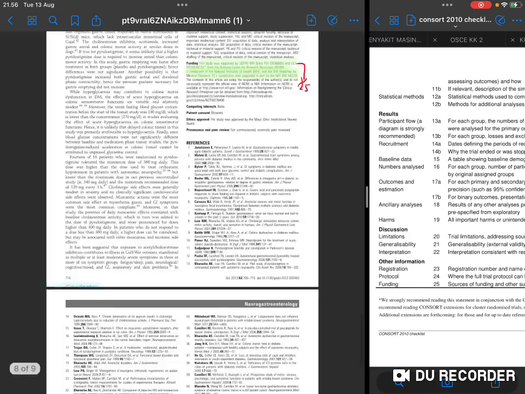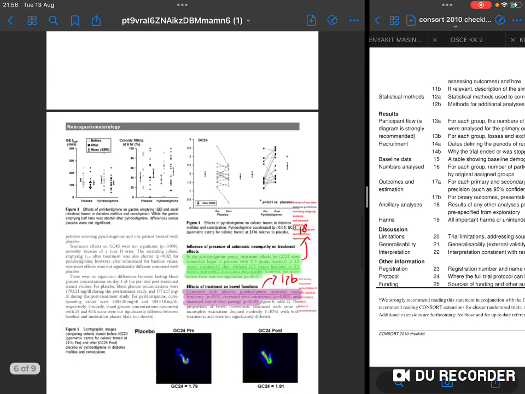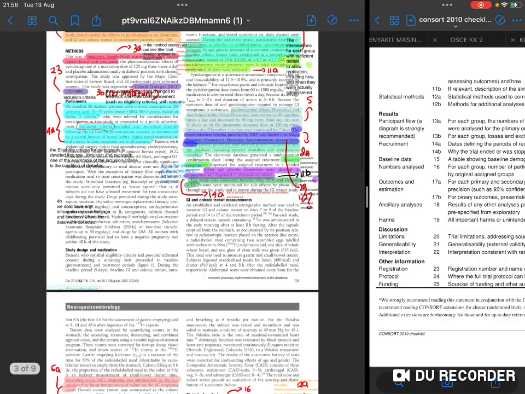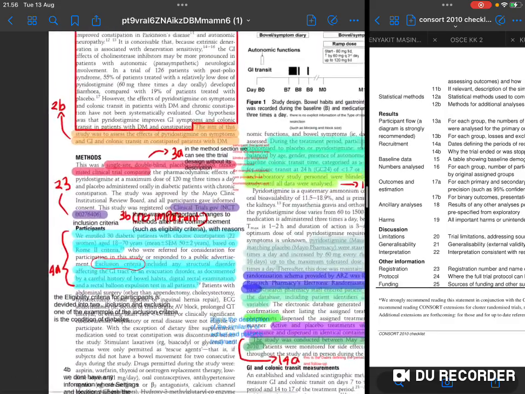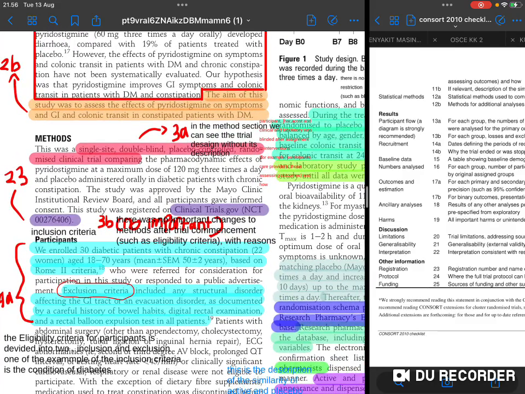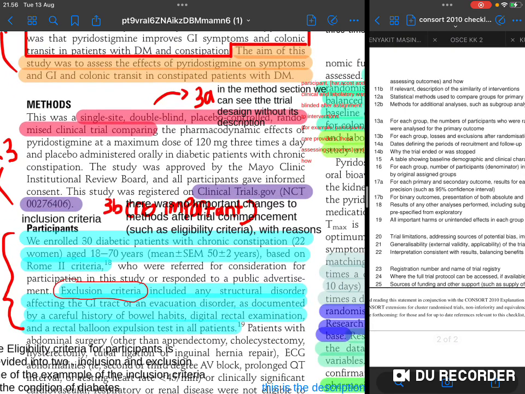And then we move up. Number 23 over here, it's the registration number, like the name of the trial registry. It's registered on clinicaltrials.gov.